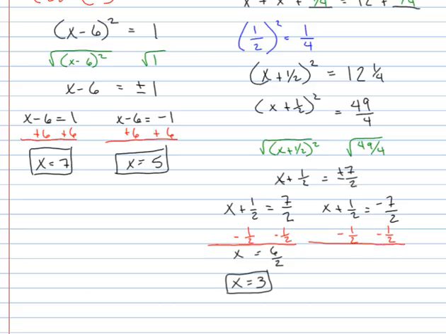So this now tells me I have x is equal to negative 8 over 2, which is x equals negative 4. And there are 2 solutions. Solving equations by completing the square. Good luck.